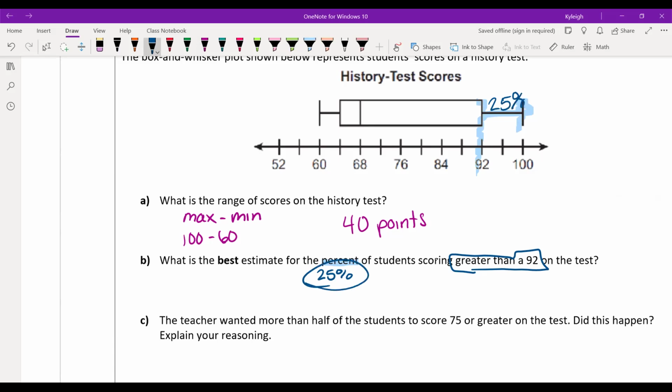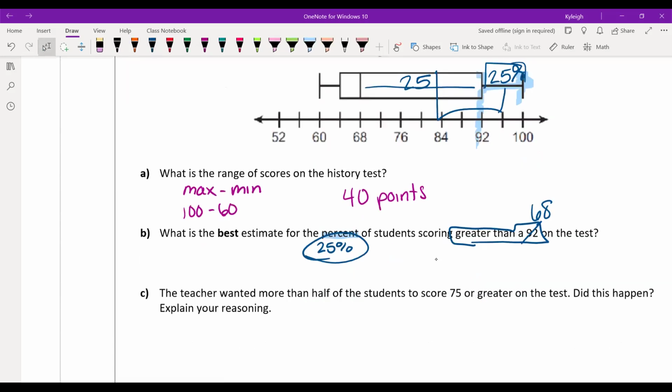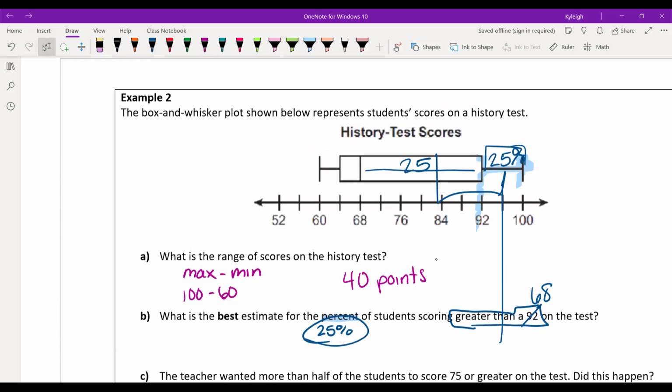So that's our answer, because only one section is above that 92. If we had said 68 instead, that would have been this section, which is 25%, and that one, which is also 25%. So that answer would have been 50. But it was just this one, so it's 25%.